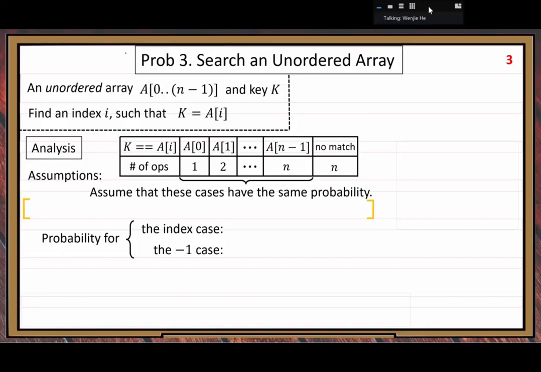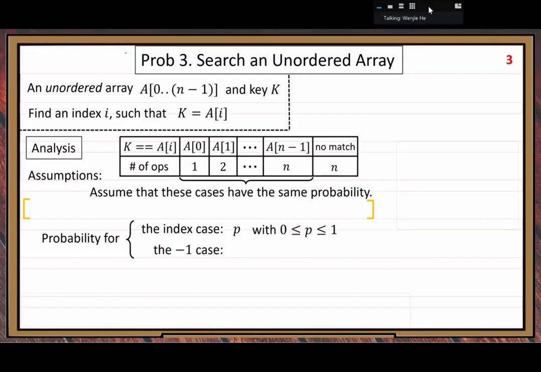So you separate these two cases. Then you make your second assumption: the probability for the index case is P. P some number should be given. If P is unknown, then you cannot find the answer. P must be known, but how to know P? I will talk about that next.